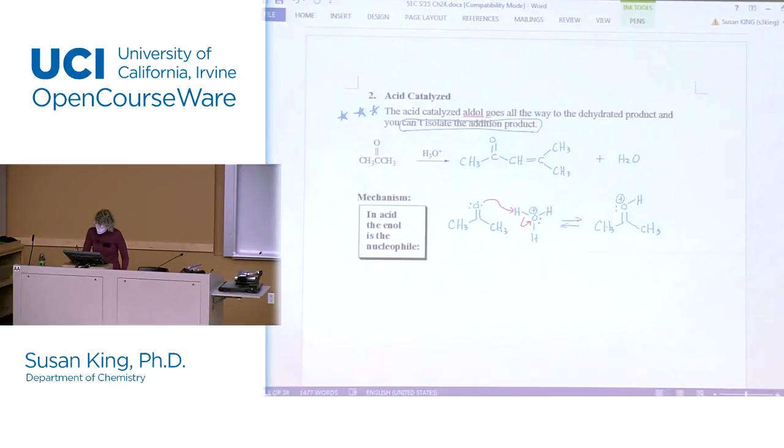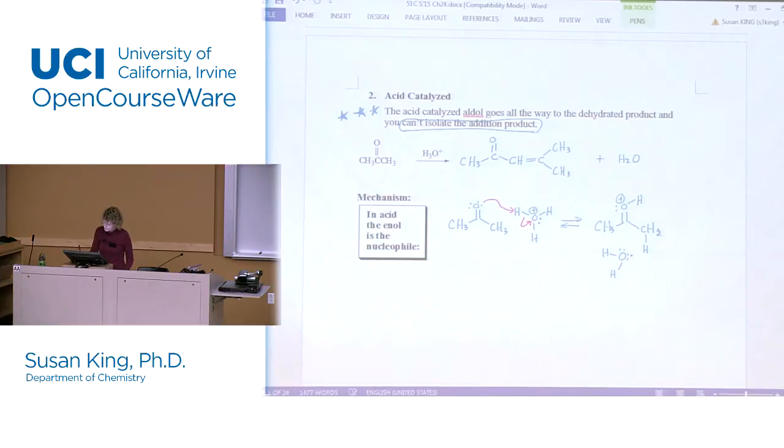So we're going to make an enol rather than an enolate ion. So notice, even though I'm starting with the acetone, this is going to go all the way to the dehydrated product. And let's change this into a 2. And I'm going to remove this. What do I want to use to deprotonate that with? Water, not hydroxide. And we don't want hydroxide ion appearing in an acid catalyzed mechanism.